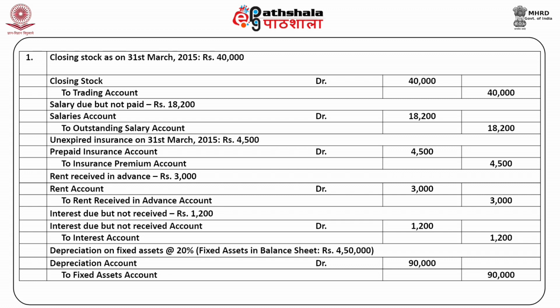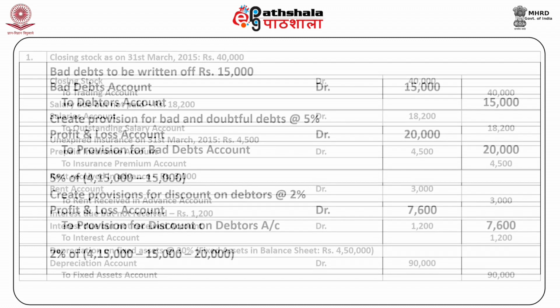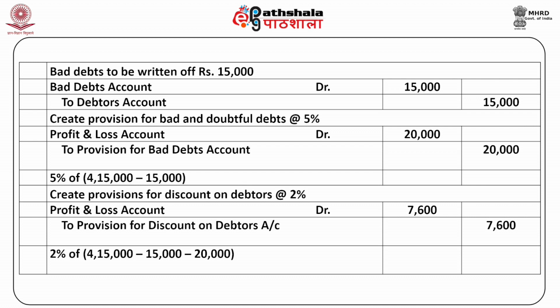Depreciation on fixed assets at the rate of 20%. Fixed assets in balance sheet, 4,50,000. Depreciation account is debited 90,000 to the credit of fixed assets account. Bad debts to be written off, rupees 15,000. Bad debts account debited by 15,000 to the credit of debtors account by the same amount, 15,000. Create provision for bad and doubtful debts at the rate of 5%.